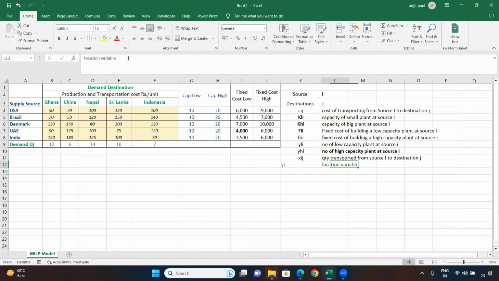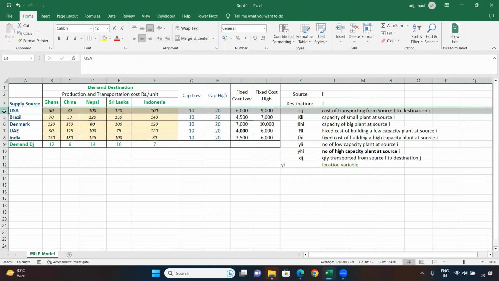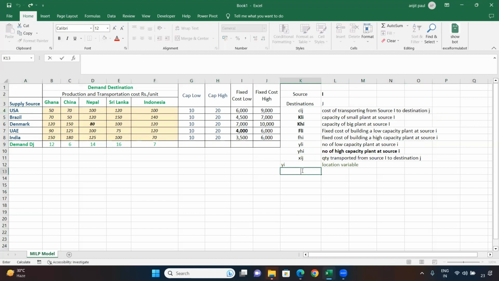If you remember, in our previous session, session number 7, we considered this YI as a binary variable. That means in a single source, you can create a maximum of only one plant. But for this problem, we have increased the flexibility of the problem. So here we are not considering YI as a binary. Instead, we are going to consider YI as an integer.